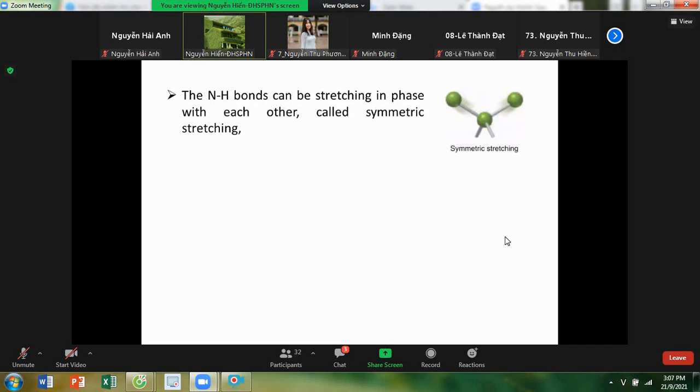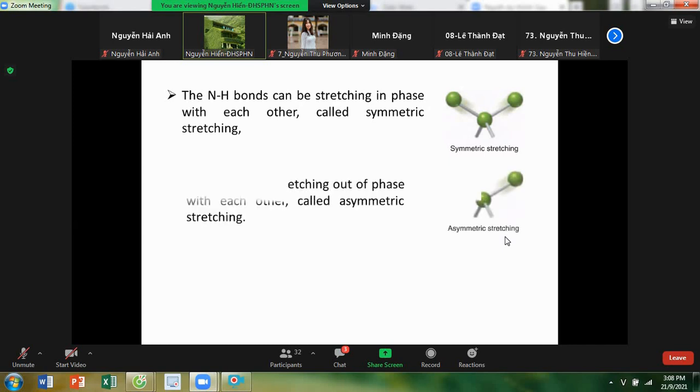You see the pictures on the right that show you one way of vibrating. It is symmetric stretching, and in this case the two NH bonds stretch at the same time, in two directions. This is called symmetric stretching.